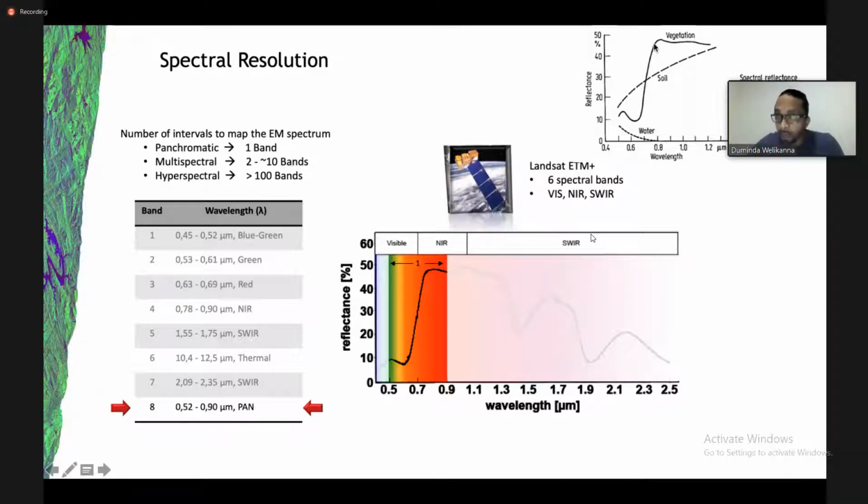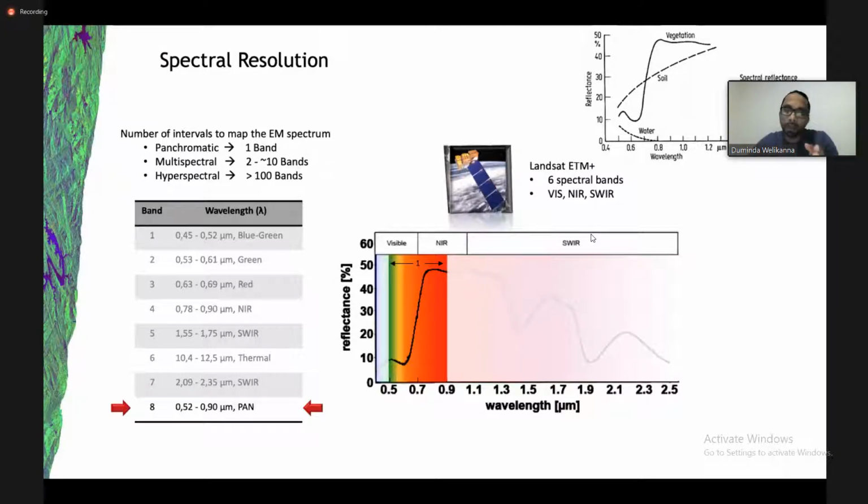Vegetation will be red, very high. Soil will be medium tone. Relative brightness will be a little lower than vegetation, but very high compared to water. So you can compare these 3 elements across the spectral regions of the electromagnetic spectrum.